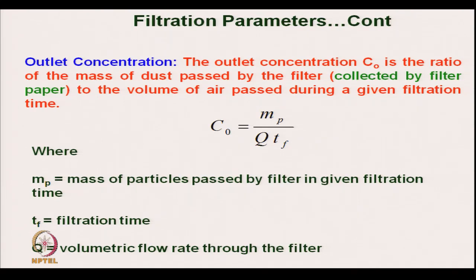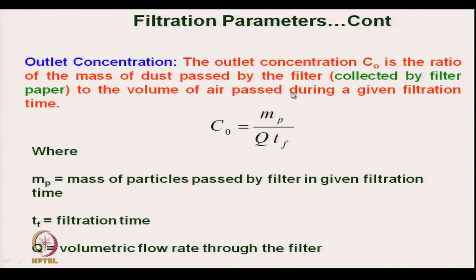Outlet concentration, CO, is the ratio of the mass of dust passed by the filter, that is collected by filter paper, to the volume of air passed through the given filtration time.